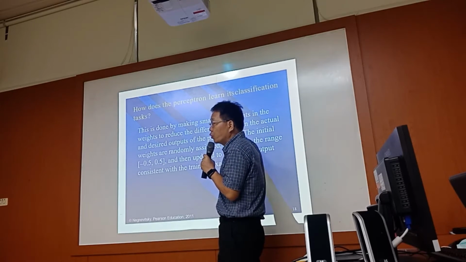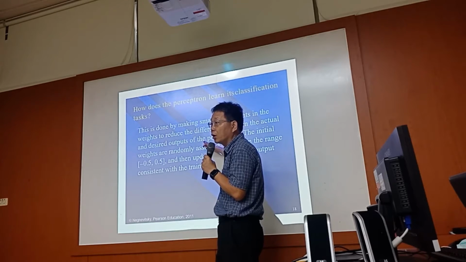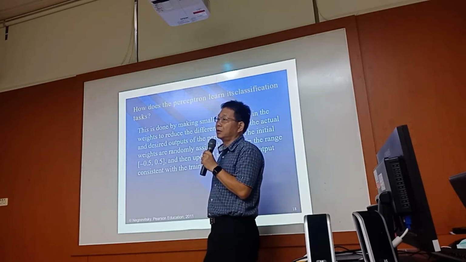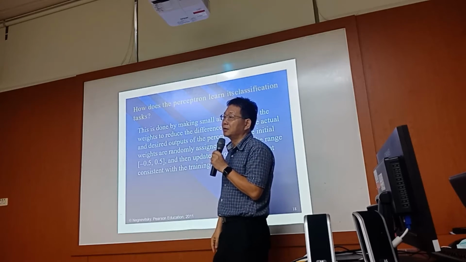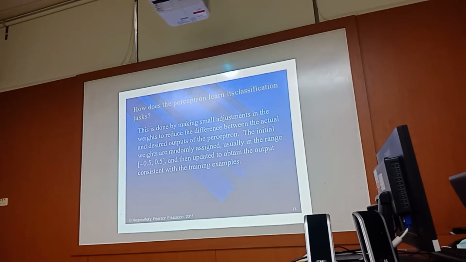So gradient descent will be applied to the neural network to find the minimal error, to find the optimal solution quickly. But the optimal solution is where the error is 0.